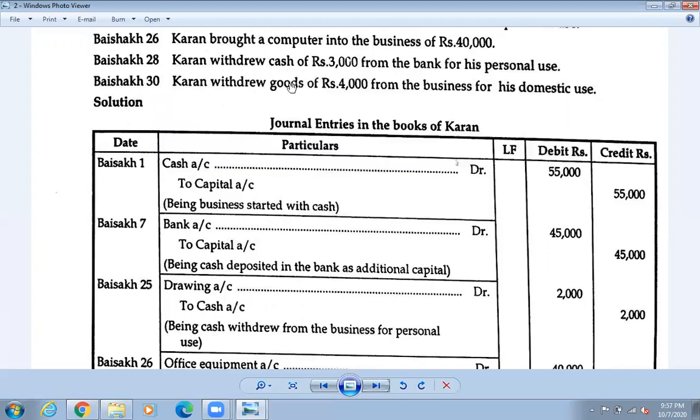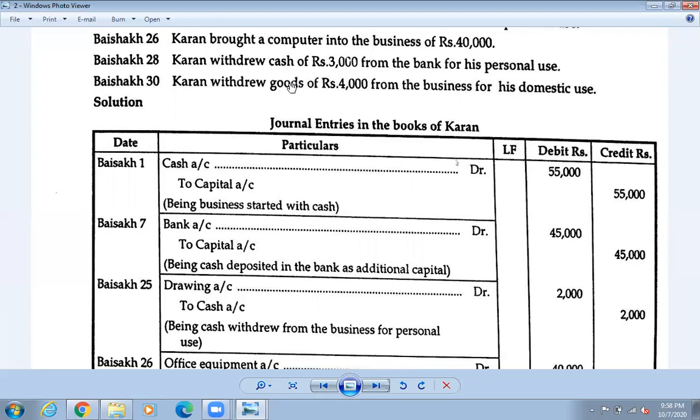Suppose you are the owner of the chaucho company. Now what have you done? You have withdrawn, but not cash. You have taken out goods. That means 5 cartons of chaucho you have taken out from your business. So what do you call it?